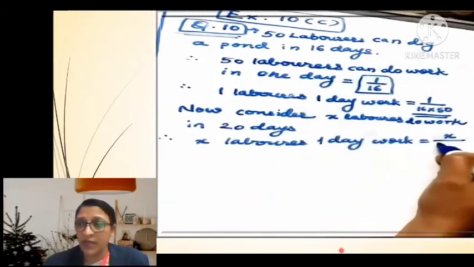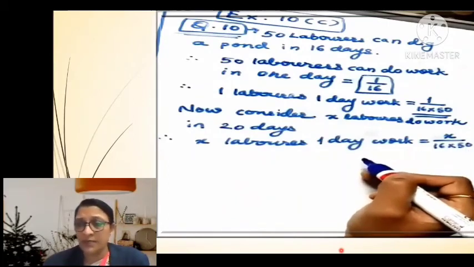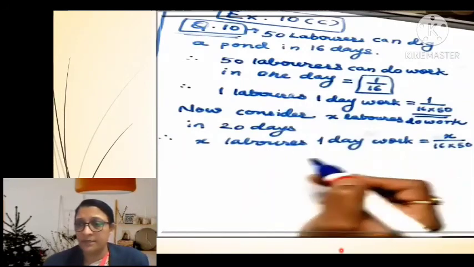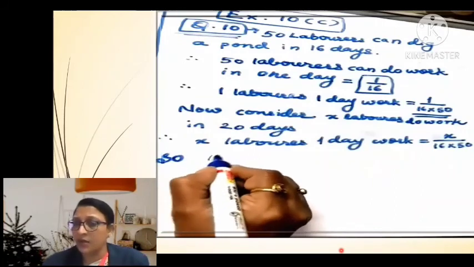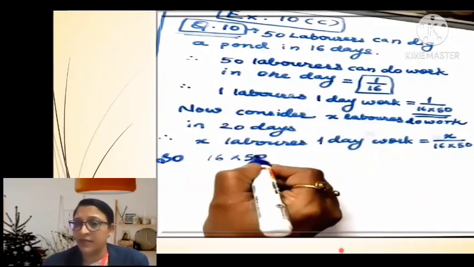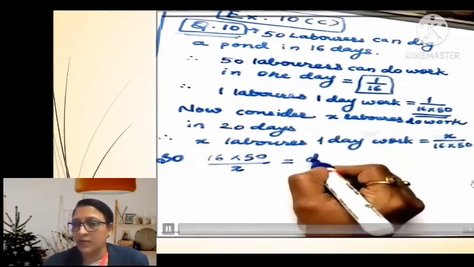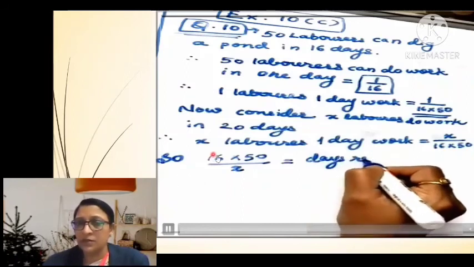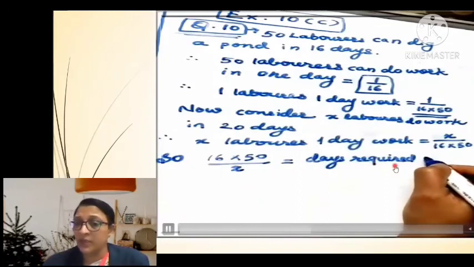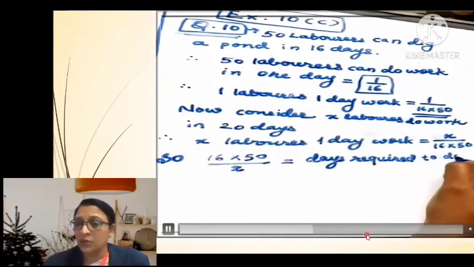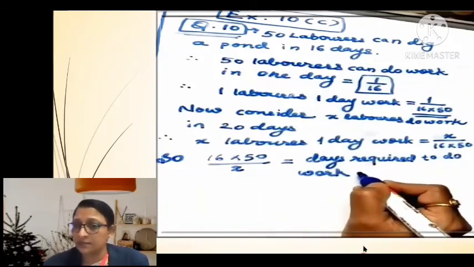Amount of work in 1 day by X laborers is equal to X upon 16 multiplied by 50. From this step, we have calculated this one. So 16 multiplied by 50 upon X is equal to the number of days required to dig the pond, that is to do the work.